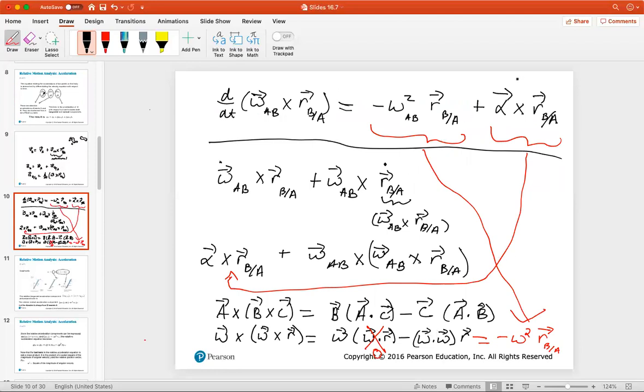This part is tangent, a b/a tangent, and this part over here is the centripetal term, which your book calls the normal term, a b/a normal.